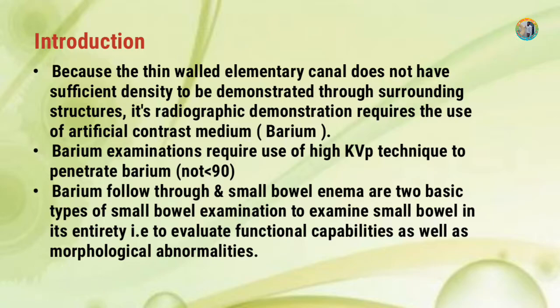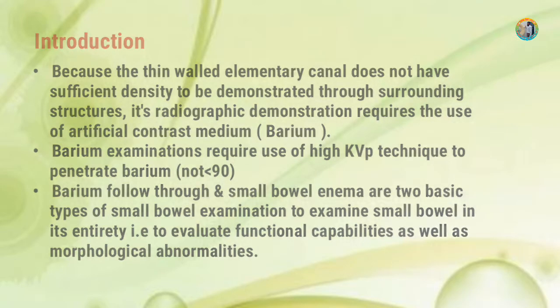Barium follow-through and small bowel enema are two basic types of small bowel examination, used to examine the small bowel in its entirety, that is, to evaluate functional capabilities as well as morphological abnormalities.